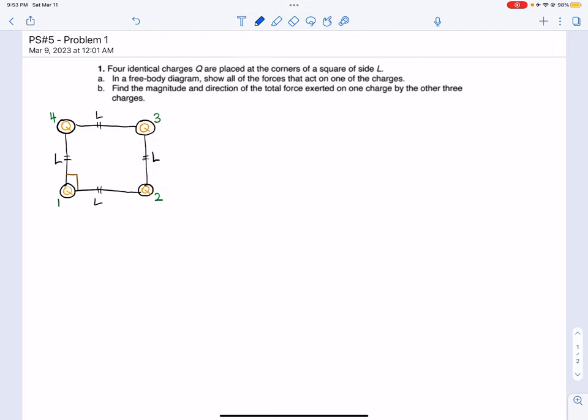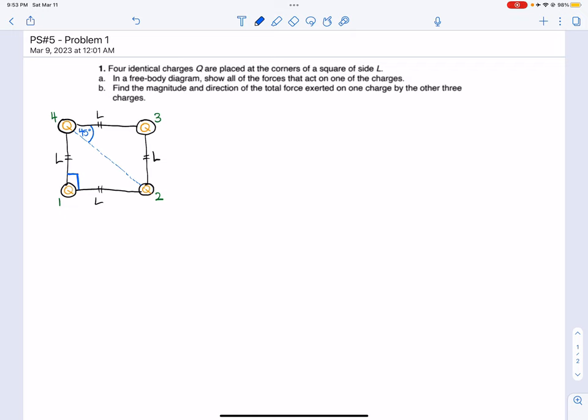The distance between, so this is a 90-degree angle right here, right? Because it's a square. So the angle between this line right here, if this was the distance between charge 2 and charge 4, this would be 45 degrees, right?